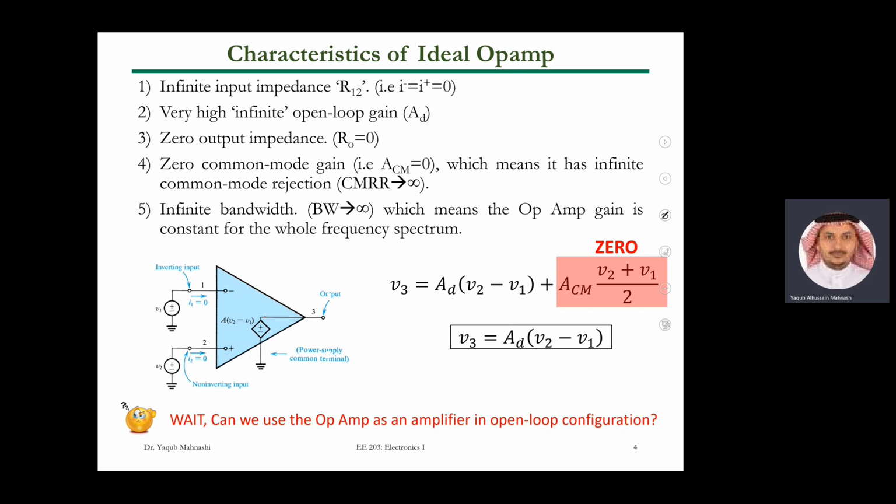We cannot. So usually we don't use the amplifier in open loop configuration. We use it in closed loop. We'll study it more. Unless you have a very, very, very tiny difference between them.